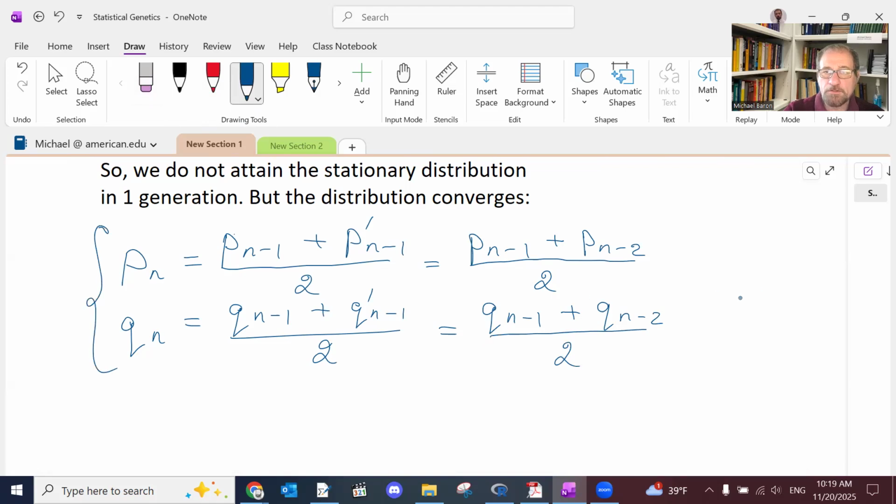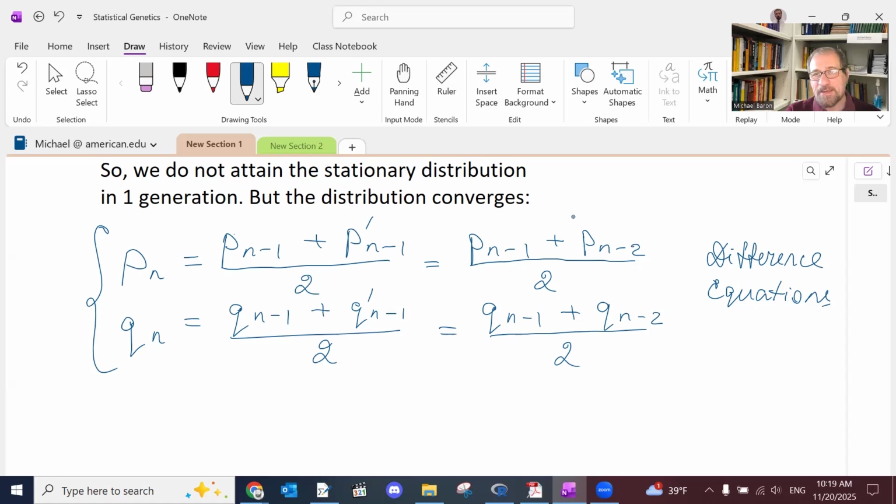These are called difference equations. As opposed to differential equations, these are difference, discrete version. See, they express Pn in terms of Pn minus 1 and Pn minus 2.